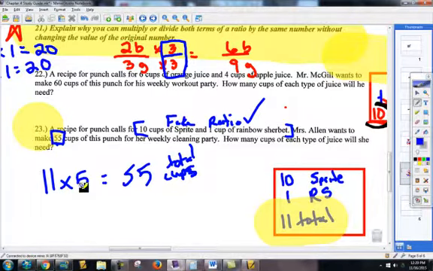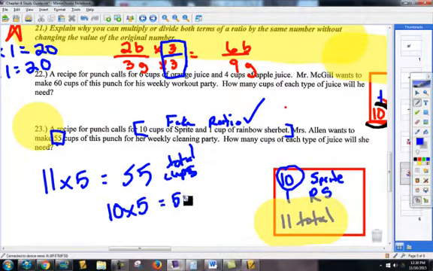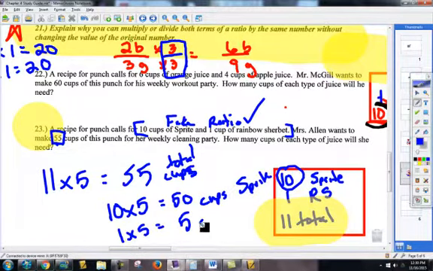So if she multiplied the total cups by 5, what does she have to do to the Sprite? Yep. Multiply by 5. So that means she's going to need 10. That's where 10 came from. She's going to need 50 cups of Sprite. She's going to need 1 times 5, 5 cups of rainbow sherbet.